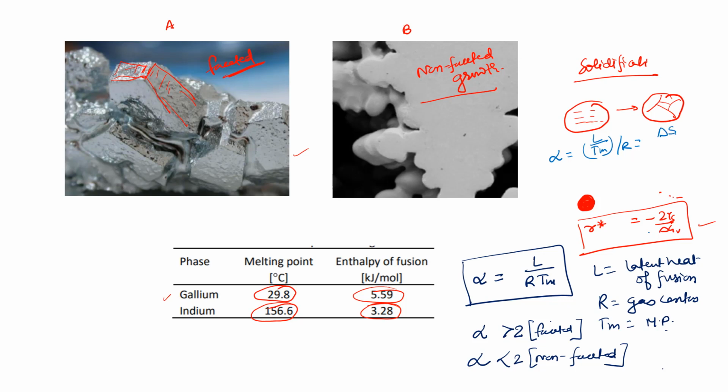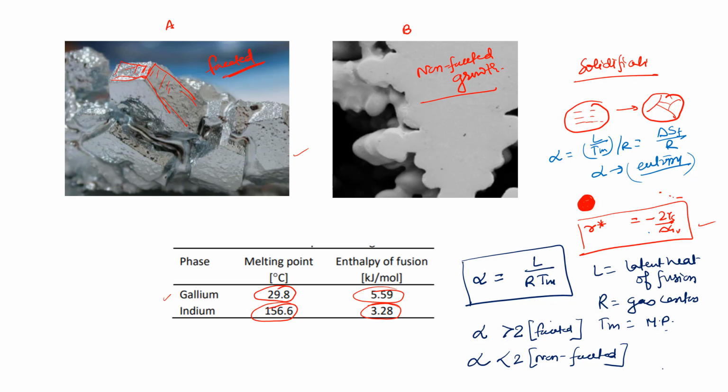So this is the entropy of formation of the solid, delta S by R. Basically this alpha tells you about entropy. When the alpha value is high, it means more randomness, and more randomness means more stable.